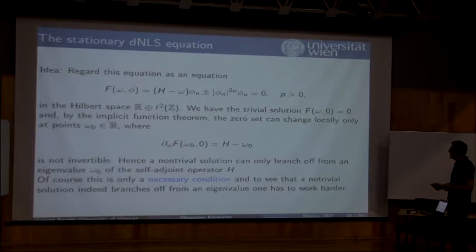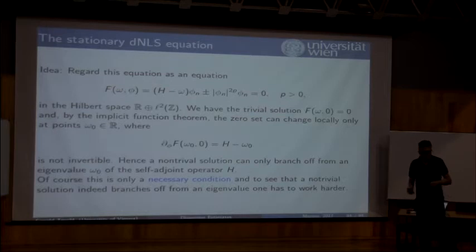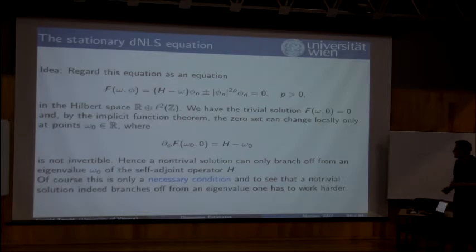When do we have non-trivial solutions? Well, the implicit function theorem tells us, when we differentiate this function with respect to phi, so we take the Fréchet derivative, if this is not vanishing, then locally we can solve. There cannot be anything else beyond the solution we already have, beyond the trivial one. But if it's not invertible, then something might go on, so we should look at these points.